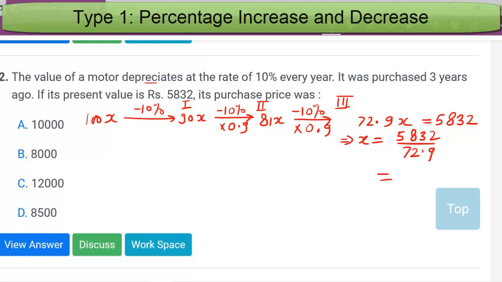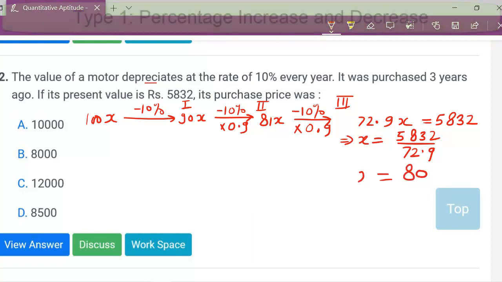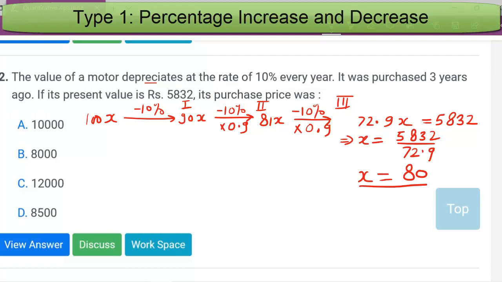If you do this calculation, you will get the value of x equal to 80. Once you get x equal to 80, you can put it here and you will get the purchase price. So I get the purchase price by putting the value of x as 8000, right? So our answer is 8000, so answer B is correct here.